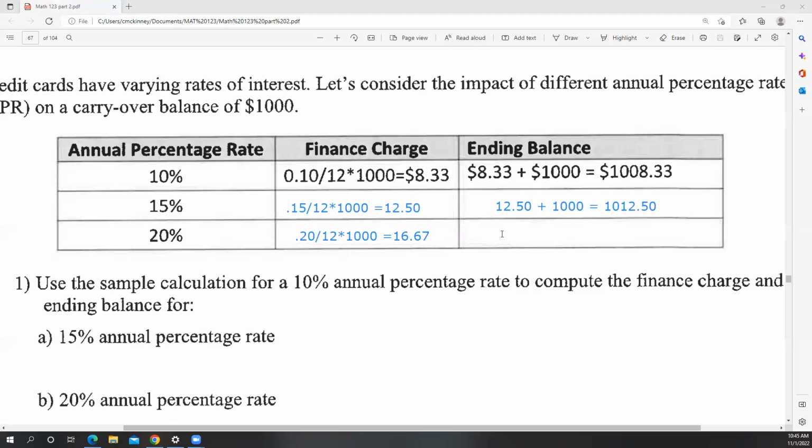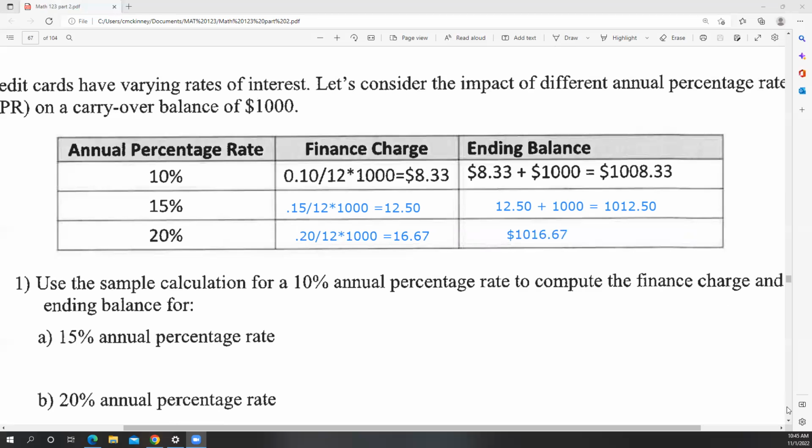Then I think we can do that math pretty easily. 1,000 plus the 16.67, so 1,016.67. Everybody feel good about what we're doing so far? Okay. Number one, what we filled in the table, A and B, that is basically just asking us to fill in the table.